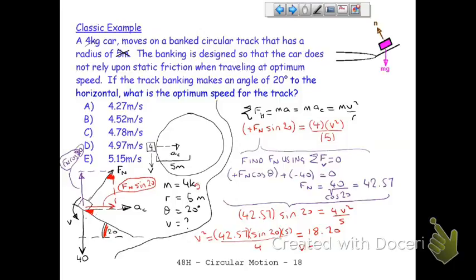So v is equal to the square root of 18.20, which equals, second answer, 4.27. Yeah, 4.266, 4.27 meters per second. Put a box around it.